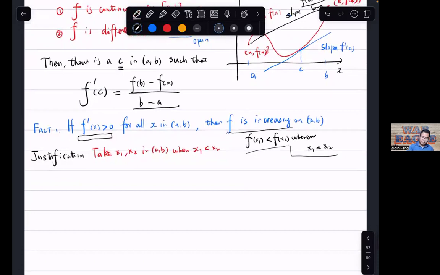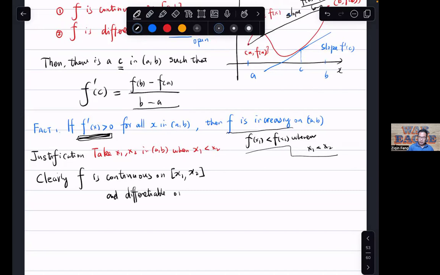Clearly, because the function is differentiable, and differentiable implies continuous, f is continuous on [x1, x2] and differentiable on (x1, x2).